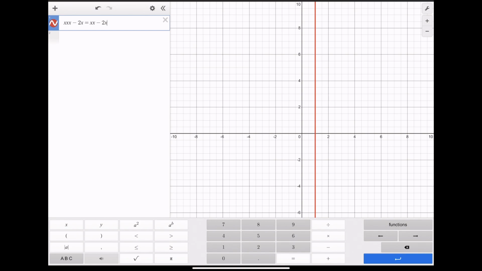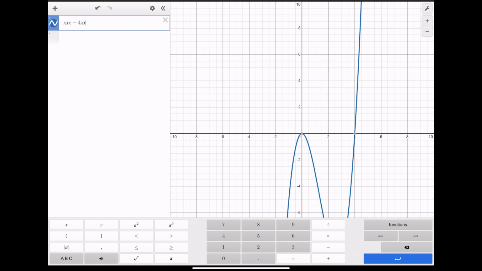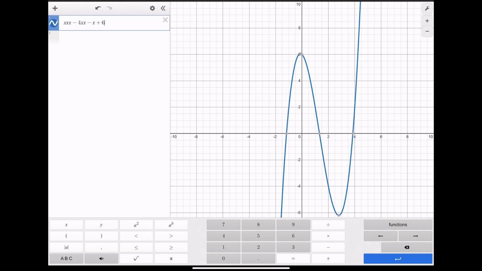All right, I wanted to show you here that if you put the original equation into Desmos, it's going to make a mistake. And it's not Desmos' fault, it's actually yours. So if you put it in, you'll think it's only one real solution. Let's go put in now our new one, x to the third minus 4x squared minus x plus 6.